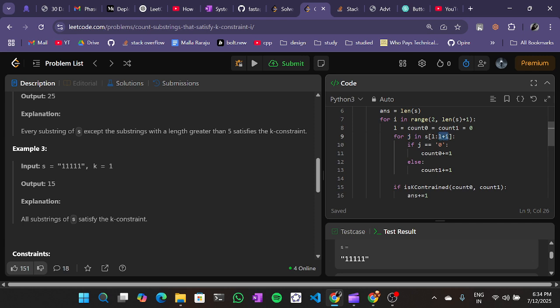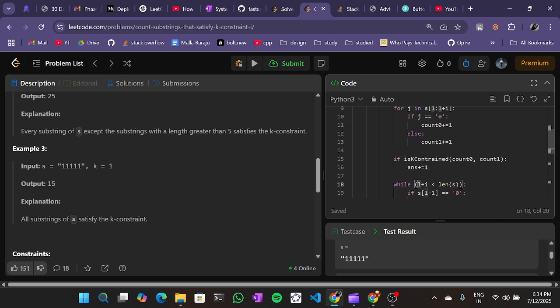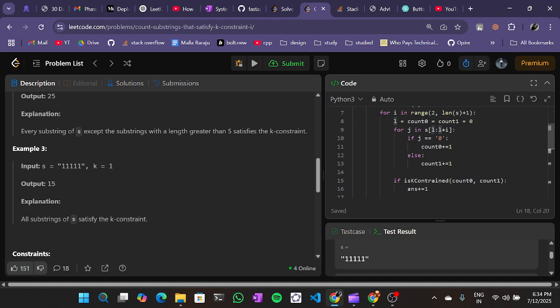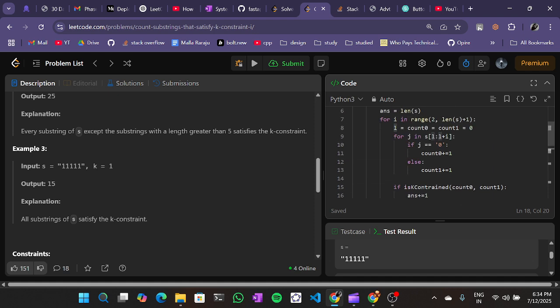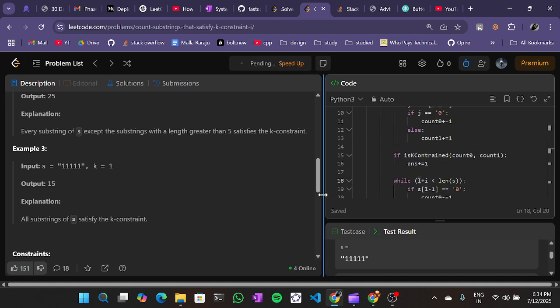Up to 5 it will run the for loop, but 5 is not less than 5. 5 is equal to 5, so this while loop will not be triggered until here. It will go fine. Let's trace a bit and discuss the intuition later.